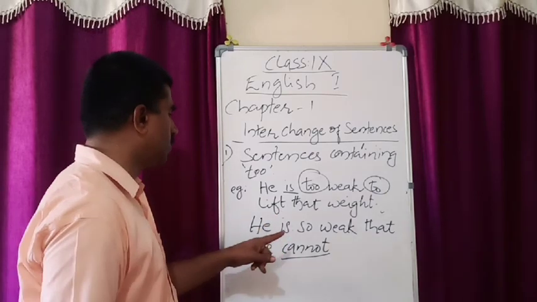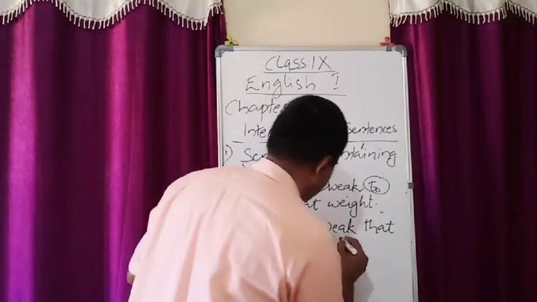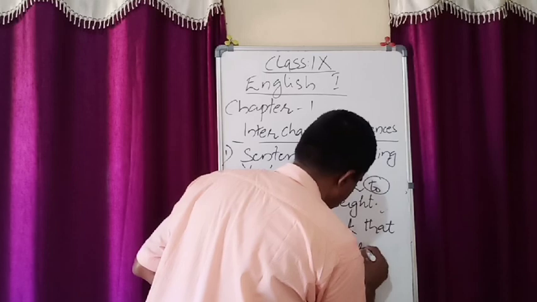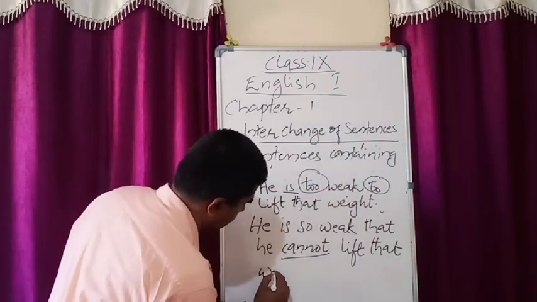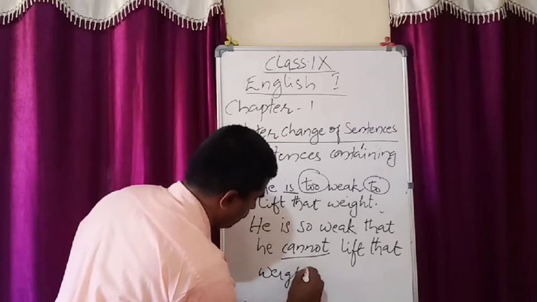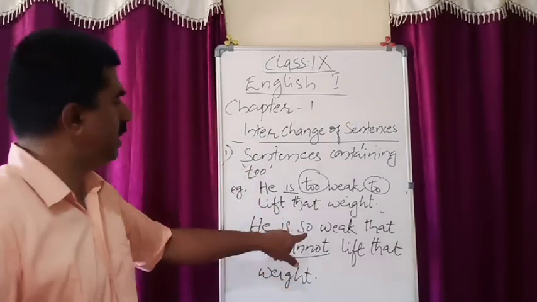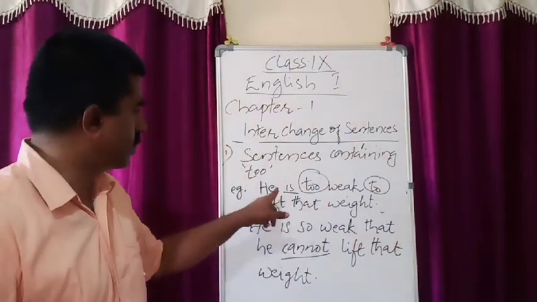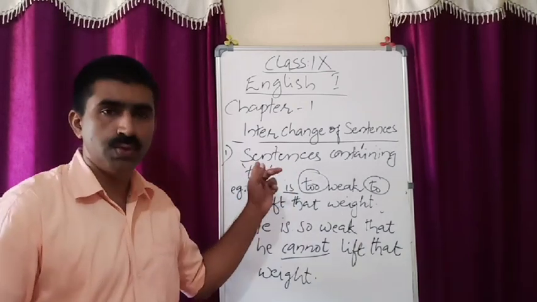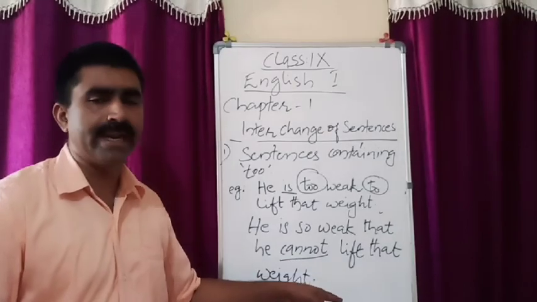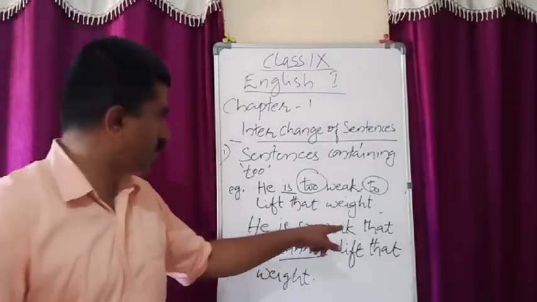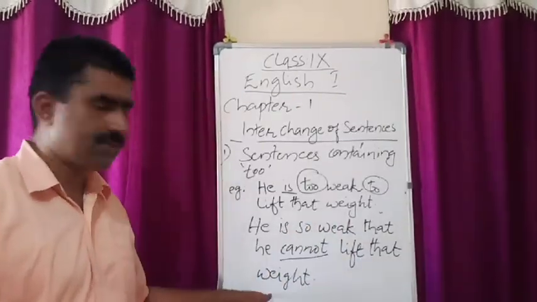He is so weak that he cannot lift that. See, this negation "cannot" should be added when we are removing "too...to". This is an important change we have to note. He is so weak that he cannot lift that weight.